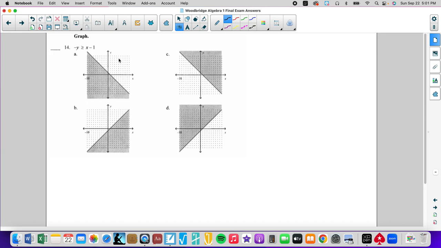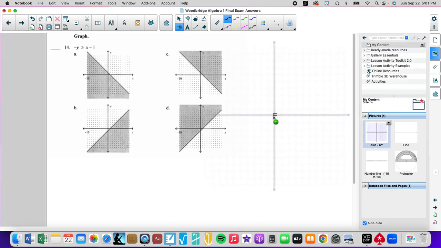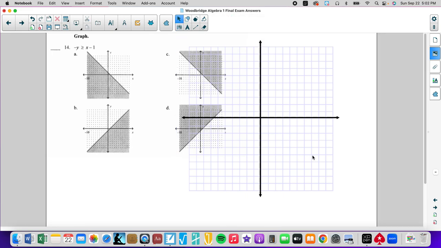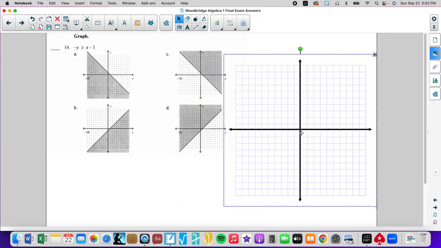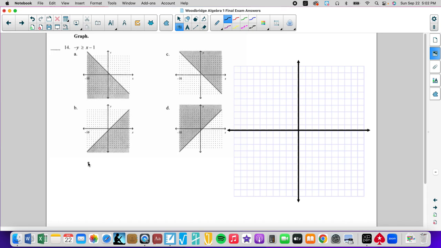All right, here's our first graph. So let's look at this graph. Let's do this. So how we graph inequalities. First of all, I'm going to take this statement, negative y is greater than or equal to x minus 1. I'm going to isolate for y.